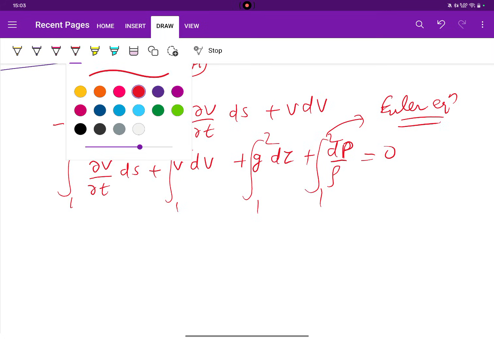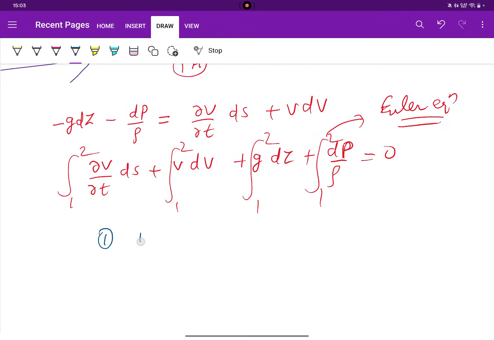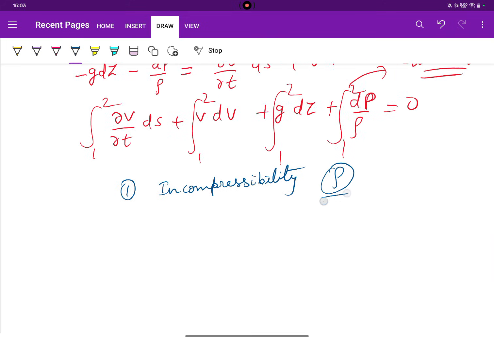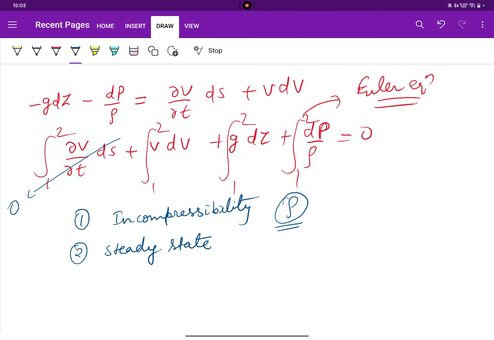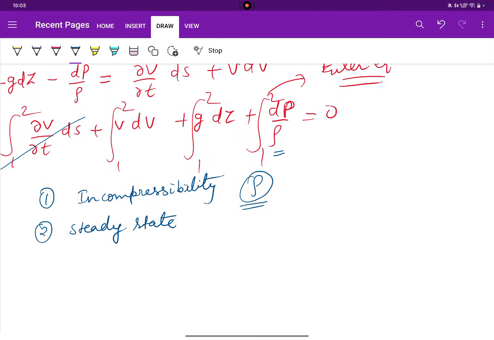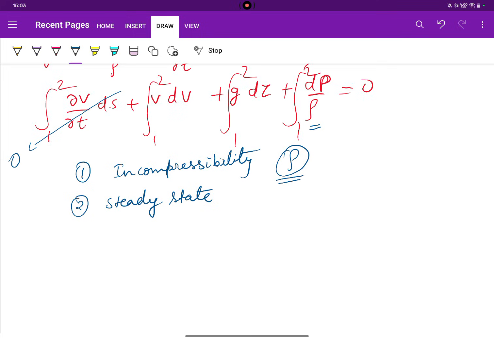And what are those two things? First is incompressibility, that means density is not changing. And steady state. When you consider steady state, this term goes away, as velocity is not changing with respect to time. What else? With incompressibility, density is going to come out.